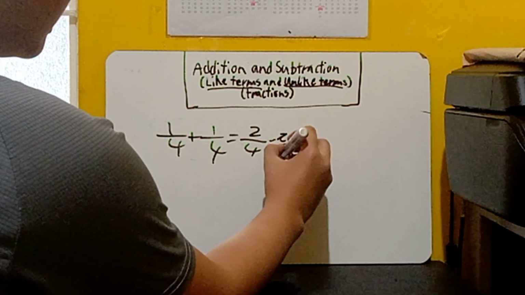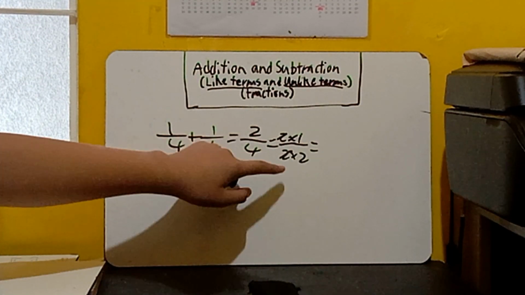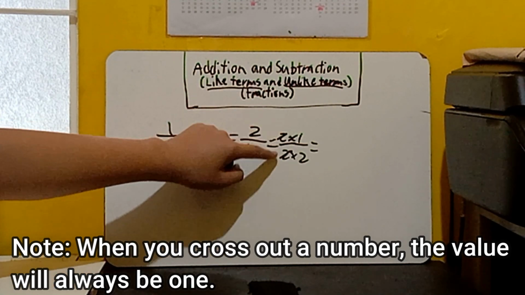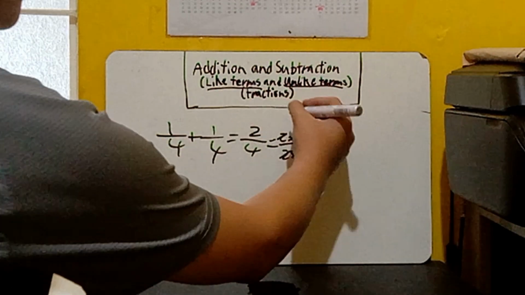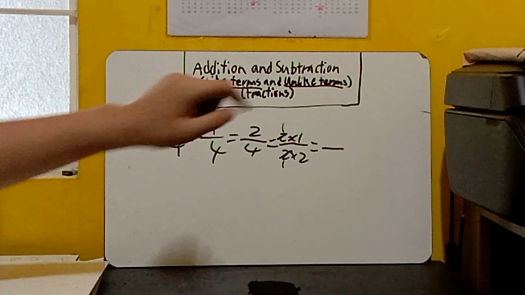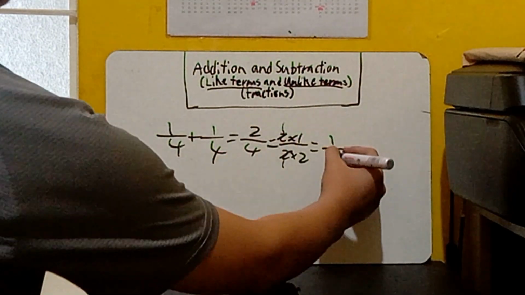Only cross out when you see the same number in the numerator and the denominator. When you cross them out, they become 1. So that's 1 times 1 equals 1, and 1 times 2 is 2.